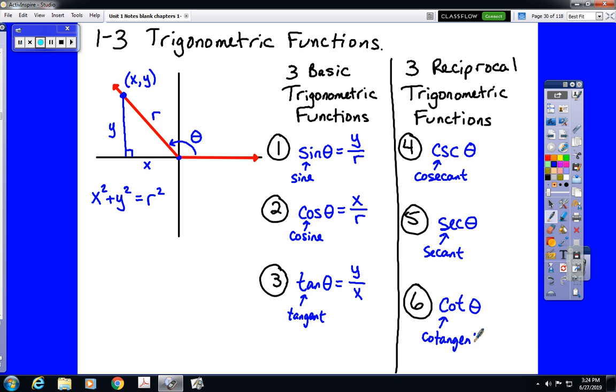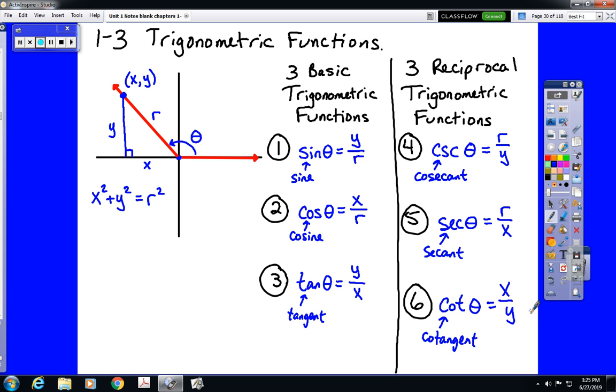And they're called the reciprocal identities because they are the reciprocals of sine, cosine, and tangent. Cosecant is the reciprocal of sine, meaning it is r over y. Secant is the reciprocal of cosine, meaning it will be r over x. And cotangent is the reciprocal of tangent, meaning it will be x over y.